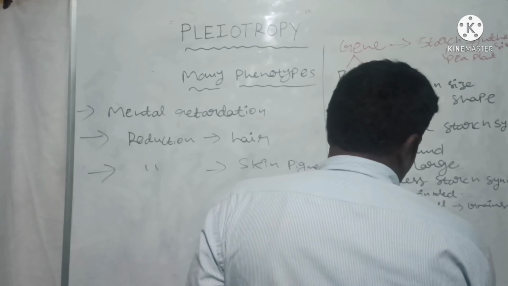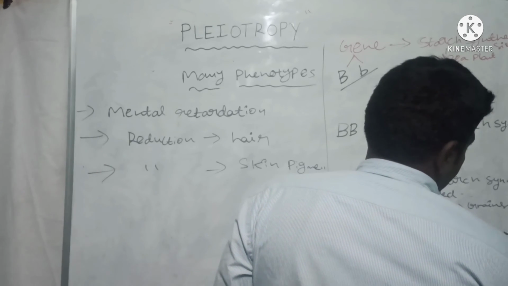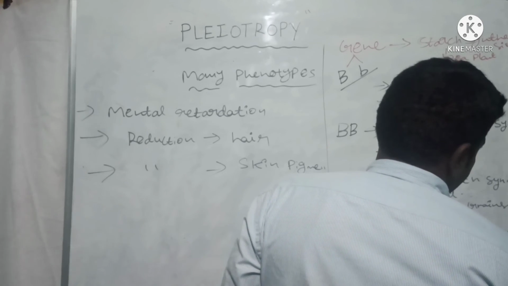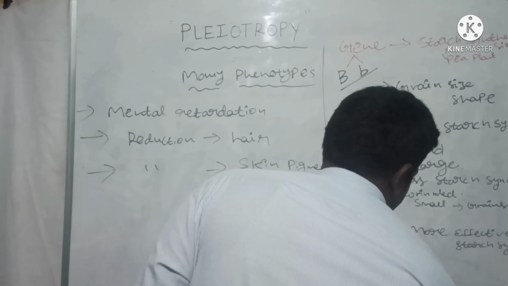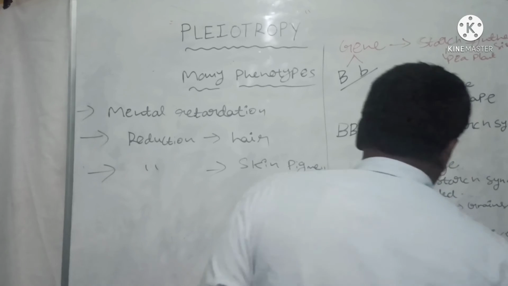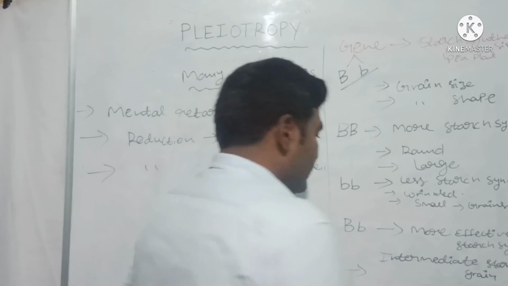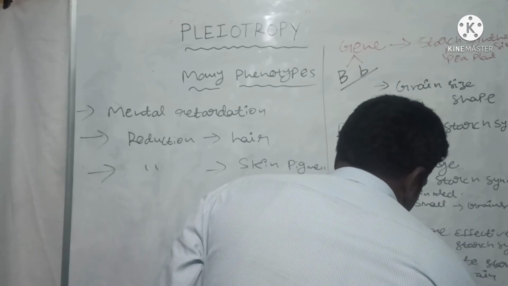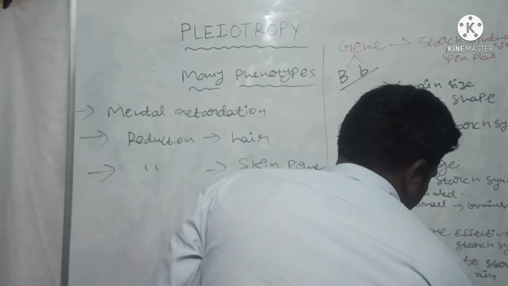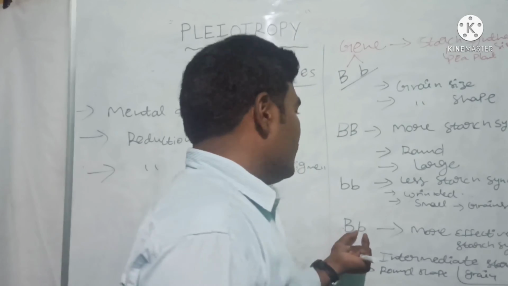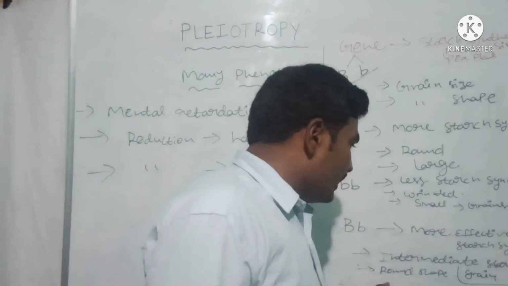Capital B and small b, the heterozygous condition, expresses intermediate starch synthesis, giving an intermediate starch grain with a round shape.